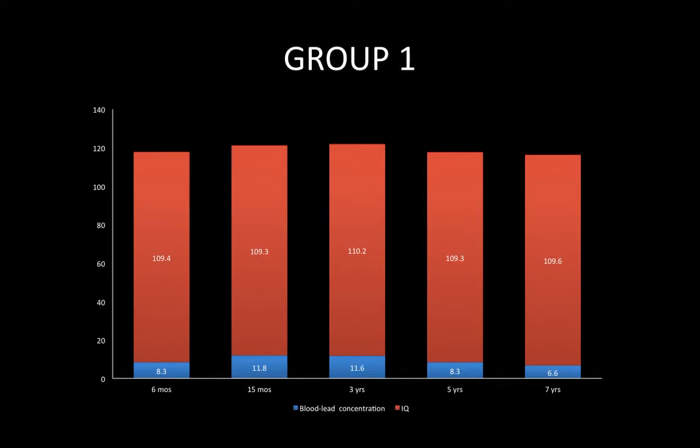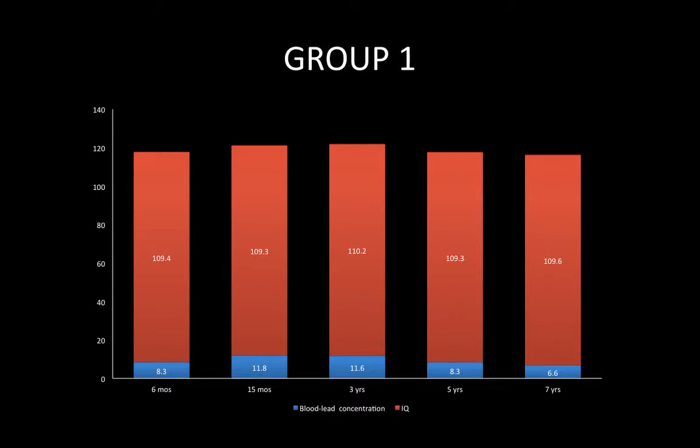Okay, so I have graphed group 1. As you can see, this is a stacked bar graph. This is group 1, so this is the lowest concentration of blood lead children. You can see on the x-axis that I have the 5 intervals in which the kids were measured: 6 and 15 months, 3 years, 5 years, and 7 years.